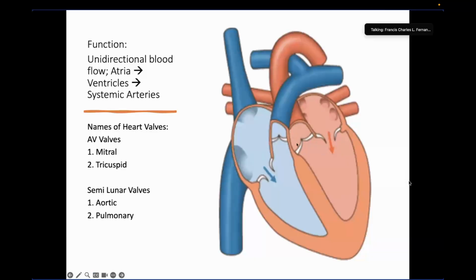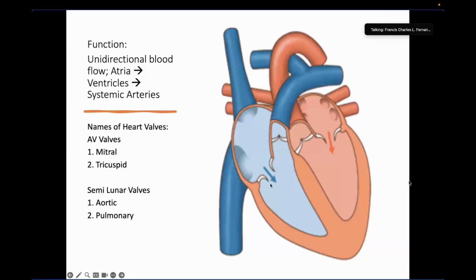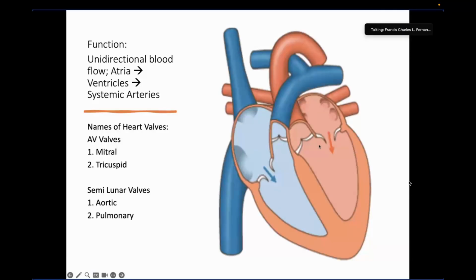The semilunar valves shall open, transmitting the circulation. So remember, S1 is the closure of the AV valves, mitral and tricuspid, which leaves the semilunar valves open. And conversely, in diastole, S2 is the closure of the semilunar valves, hence the opening of the AV valves. So I hope you got that.